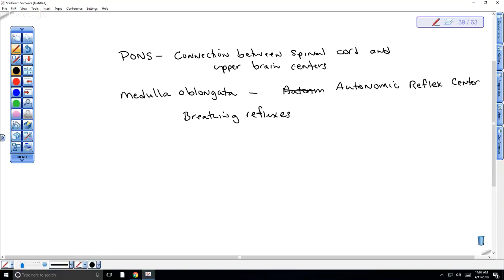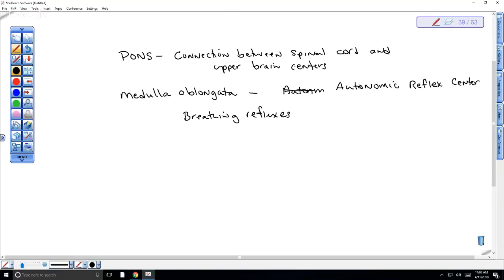But if you stop breathing, the pH of your blood is going to decrease, and that is going to cause you to want to breathe more deeply and more frequently. So that desire to take a deep breath is due to the medulla oblongata. And then just breathing in and out all the time, that would be the reflex. Okay.